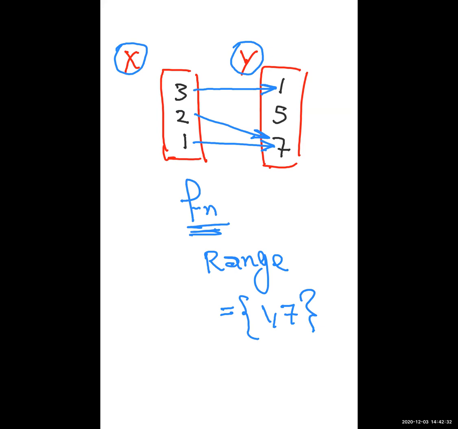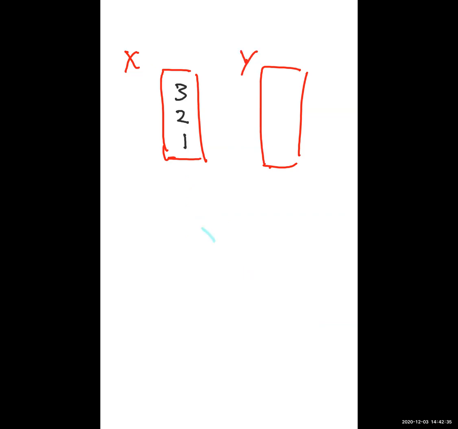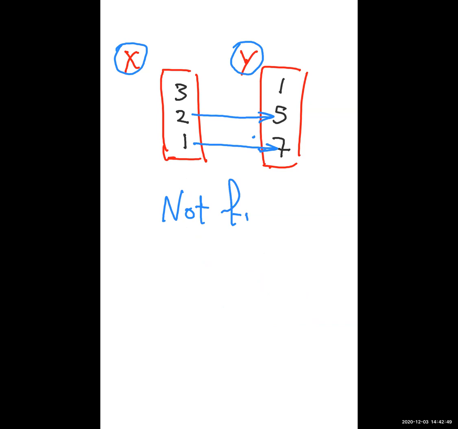I will change this one. I will clear all these arrows, remove all this. If it's like this, one arrow from 1 to 7, one arrow from 2 to 5, and there is no arrow from 3, of course, not a function. Right? Yes.